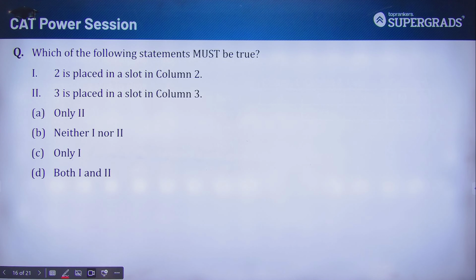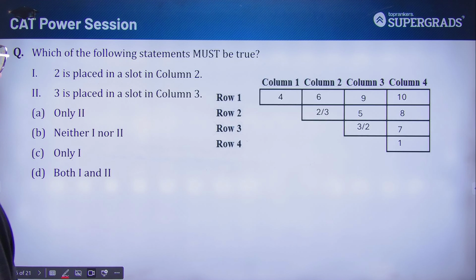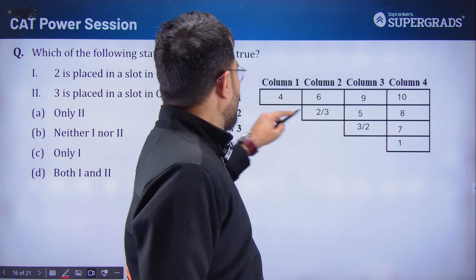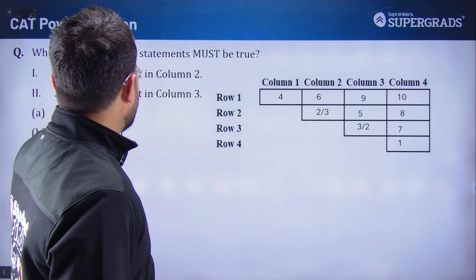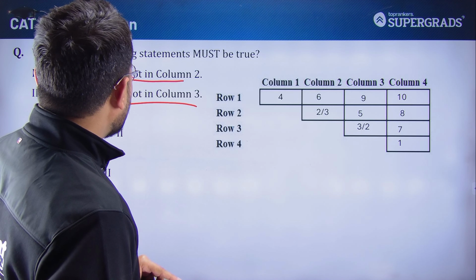Which of the following statements must be true? 2 is placed in a slot in column 2. 3 is placed in a slot in column 3. For this, we have to look at the table that we have formed. Let's quickly get the table here. 2 is placed in a slot in column 2. It cannot be determined. 3 is placed in column 3. So which of the following must be true?